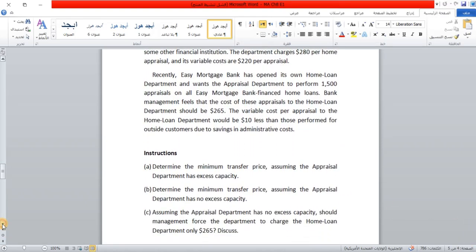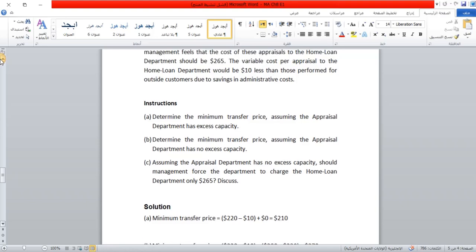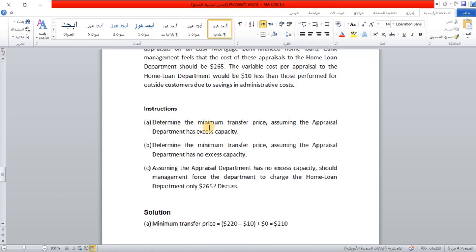Instruction: determine the minimum transfer price assuming the appraisal department has excess capacity. When the appraisal department has excess capacity, the opportunity cost will be zero. So the minimum transfer price equals the new variable cost.